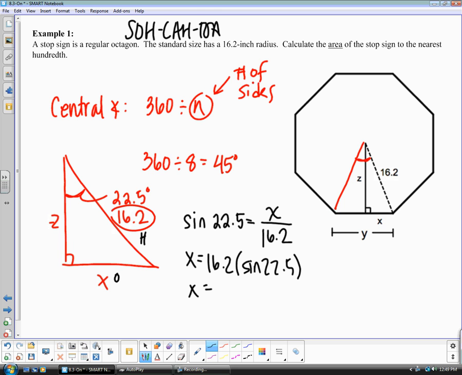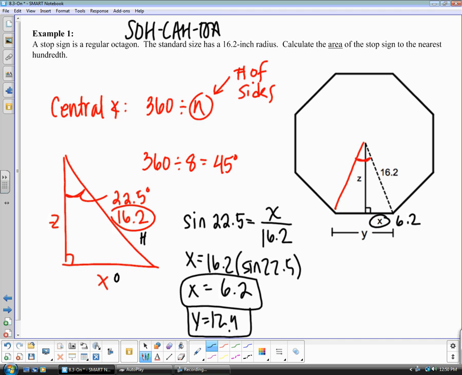When you do that on a calculator, you're going to get around 6.2. Now, since x is only half of that whole triangle that we have drawn in that octagon, we need to double that. To double that, y is going to equal 12.4. So that was pretty easy to find.